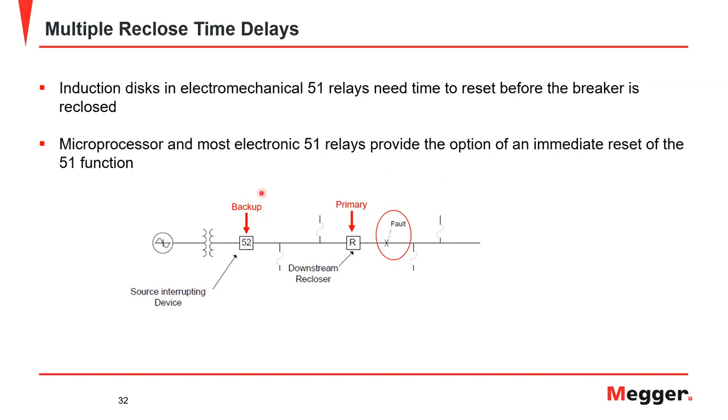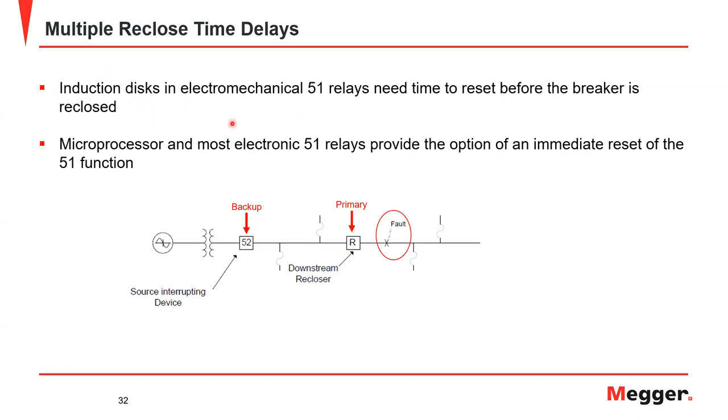Now, throughout the history, induction disk relays have been around a lot longer than electronic and microprocessor relays. And I know there are thousands of these still in place today. So when you start looking at how these coordinating factors apply with reclosing, you have to look at the reset time of an induction disk relay if that's what you have installed.